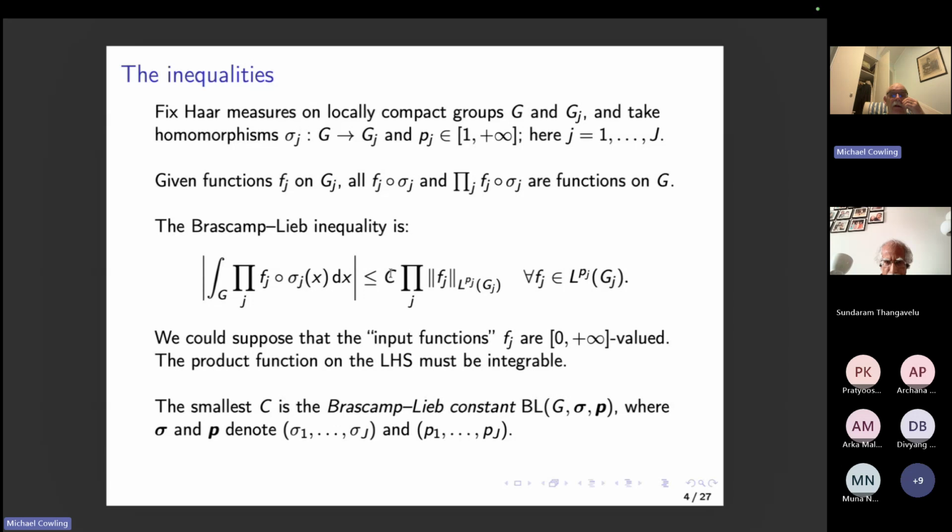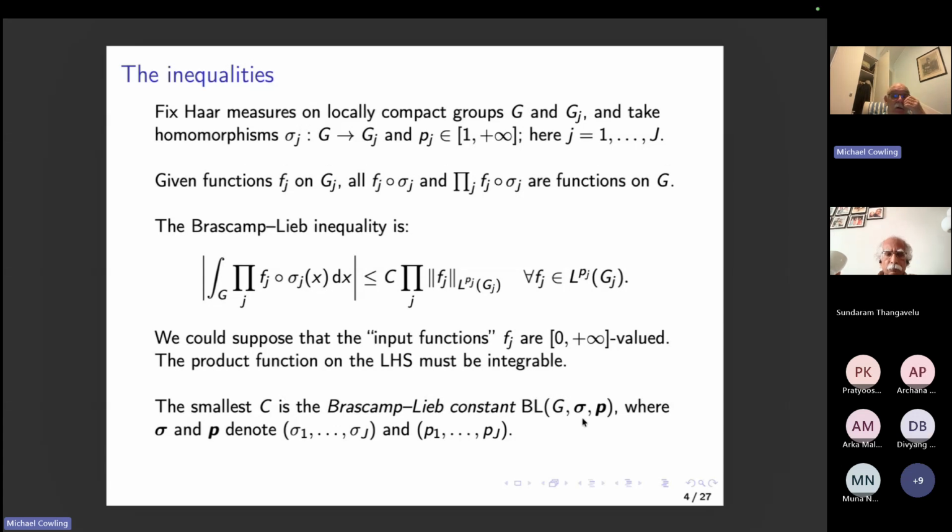So this is the inequality, and the smallest constant C. C is always a constant in this talk. Sometimes C prime is also a constant, but they're not particularly important as far as this talk is concerned. So let's just call them C and then forget about them. But the smallest C that we can put in here is then called the Brascamp-Lieb constant, and really it depends on the homomorphisms and on the p's that we choose, and implicitly these also include the G's and the Gj's and so on.